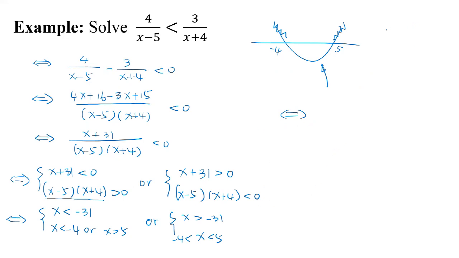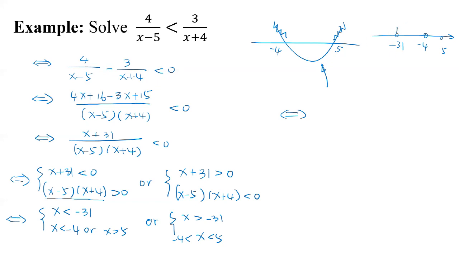All right, so this time, again, you can use a number axis to decide the solution of the first branch. So there are 3 numbers. First one is minus 31. Next one is minus 4. Next one is 5. Okay, it's not necessarily to scale. As long as you keep the relative positions correct, you'll be fine.